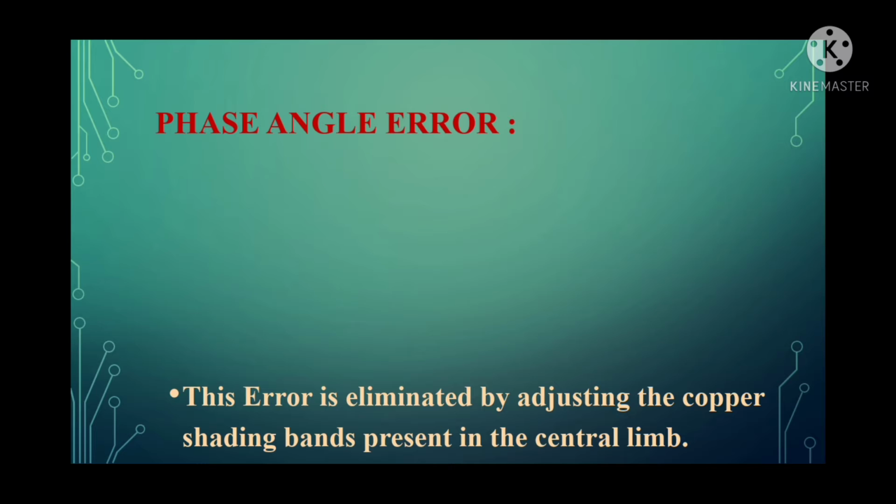The torque equation we have derived for the operation of an energy meter in our previous video. Let me attach the torque equation derivation in the description box. In that torque equation, the operation of any energy meter depends upon a more important concept, that is the phase: the flux developed due to the potential coil should always be lagging behind the applied voltage by 90 degrees.